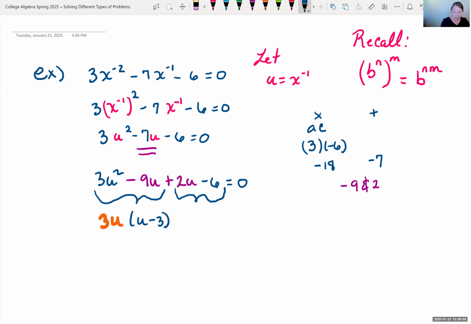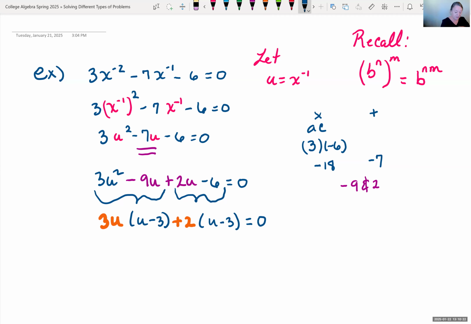And then the last two terms, 2u minus 6, I notice they have a positive 2 in common. So I'm going to factor out, so I don't forget that plus 2, and then times. Well, factoring out a 2 from 2u minus 6 leaves us with exactly what we had in the other parentheses, u minus 3 equals 0.